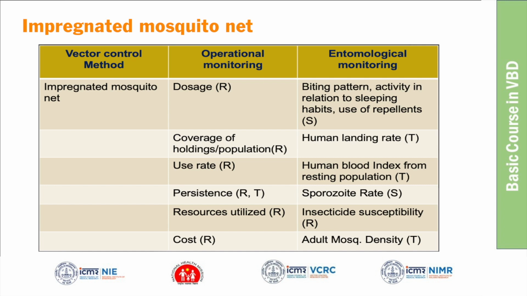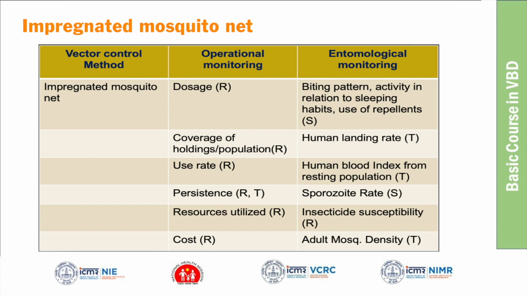What are the entomological monitoring indicators here? Because the net reduces man-vector contact, you have to see the biting pattern after using the LLIN, and activity in relation to sleeping habit. That is very important. Suppose prior to sleeping, people go to bed after 8 or 9 or 10 o'clock. Prior to that also, mosquitoes start biting them.